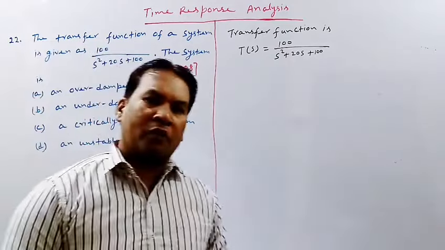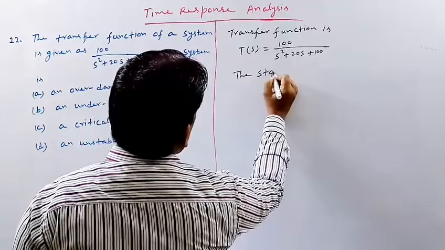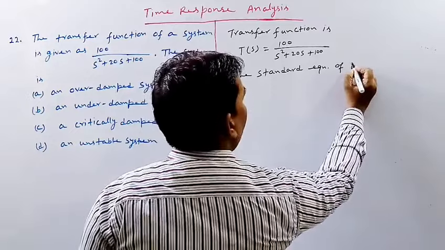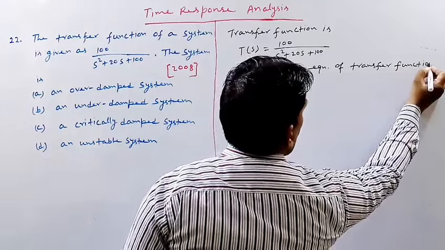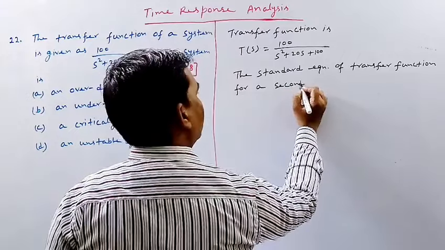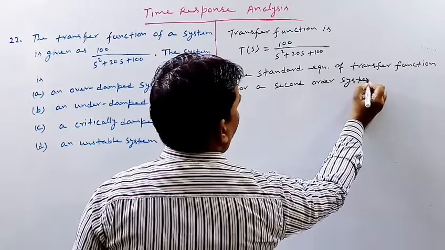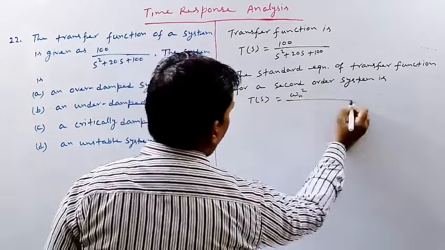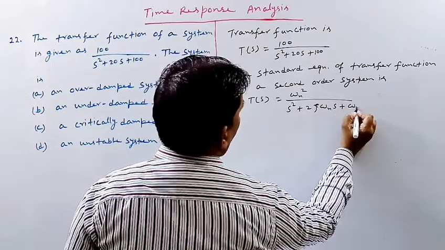The standard equation of transfer function for a second order system is T(s) equal to omega n square divided by s square plus 2 zeta omega n s plus omega n square.